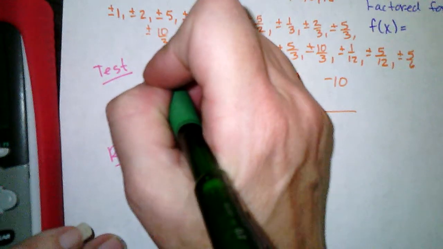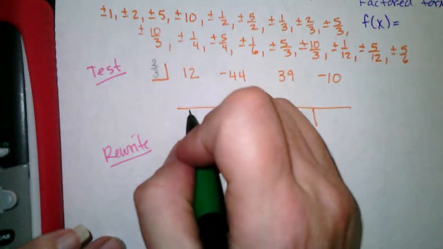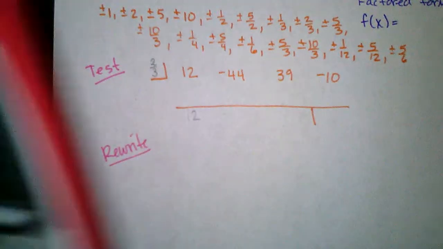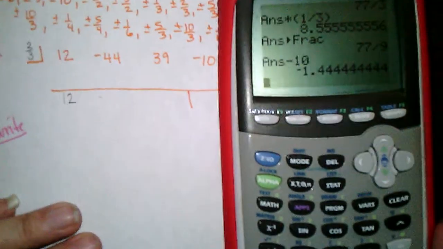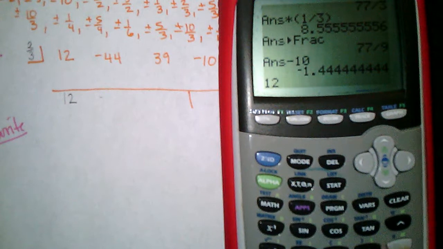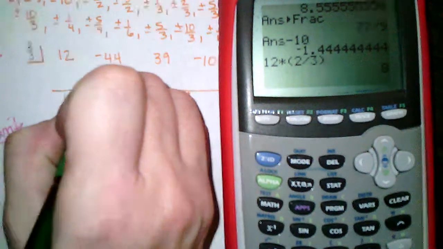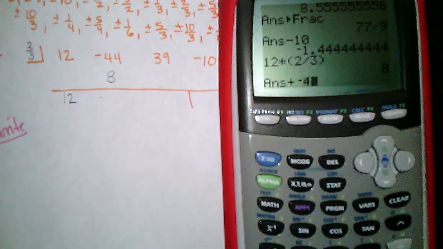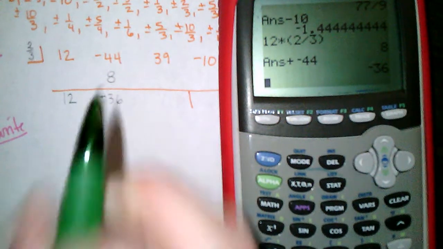So we'll do 2/3. The 12, again, just brings straight down. And then we're going to take 12 times 2/3. That's going to give us a whole number of 8. Then we add that to negative 44. We get negative 36.